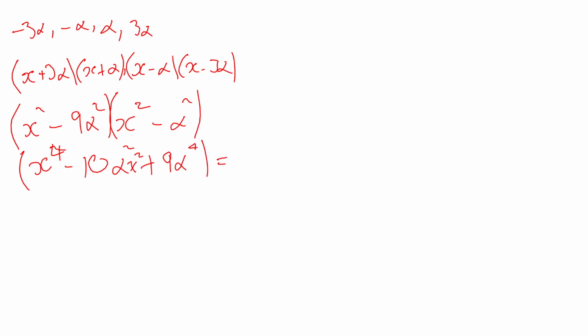And this equals our original equation, x to the 4 minus (3m plus 2) x squared plus m squared.